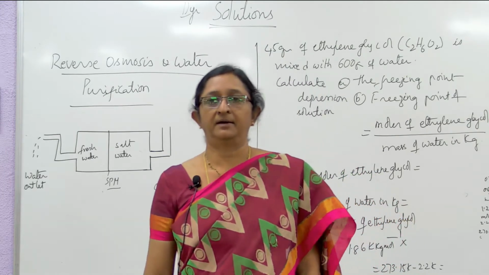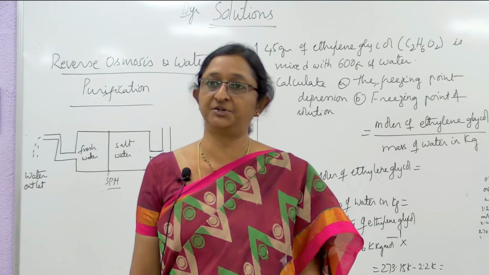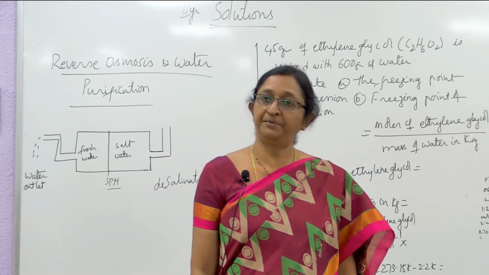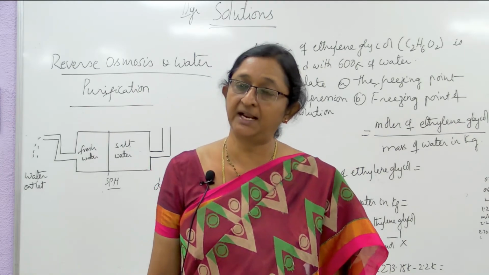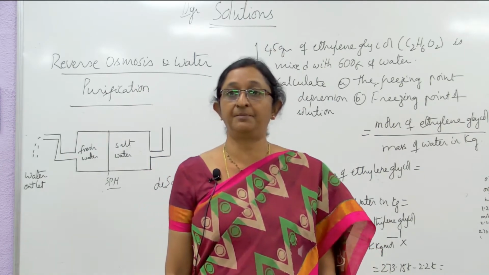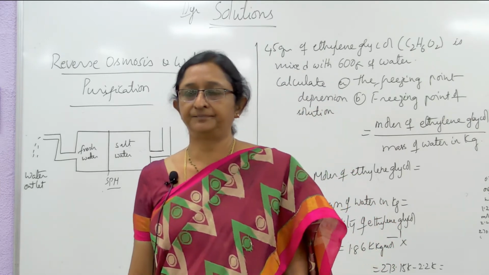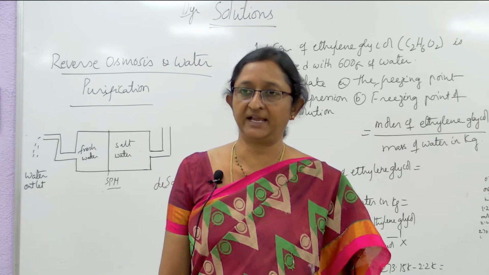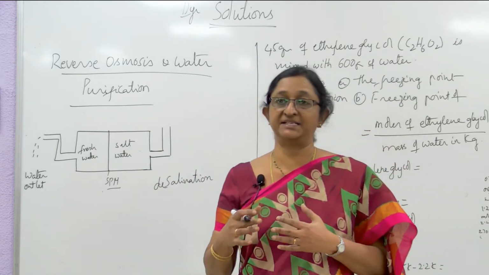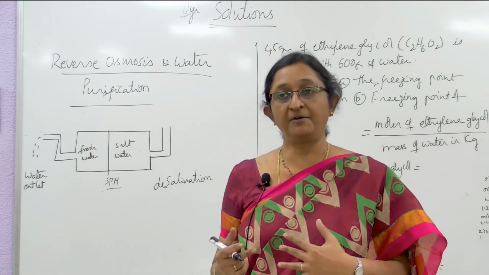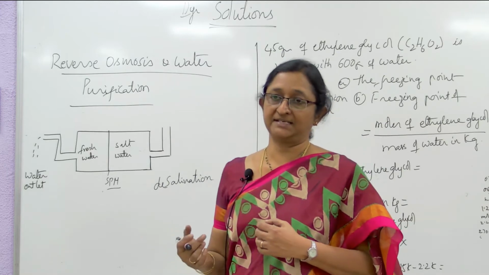Here the elevation of boiling point is directly proportional to the molality of the solution, the depression of freezing point is directly proportional to the molality of the solution, and osmotic pressure is directly proportional to the molarity of the solution. With the help of the terms we learned in expressing the concentration, we can also find out the molar mass.